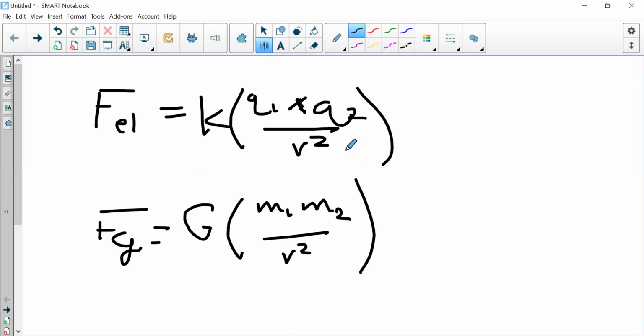But the point being is, I want you to notice, what value do they give you in this chart? They give you electric force and what? Radius or distance. So what's missing from that equation I just showed you?